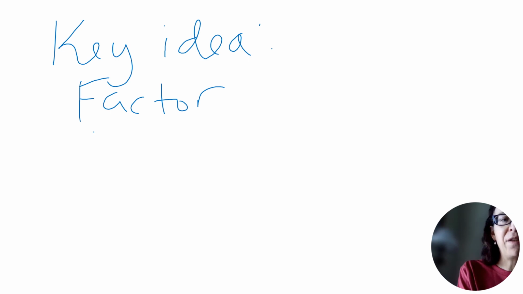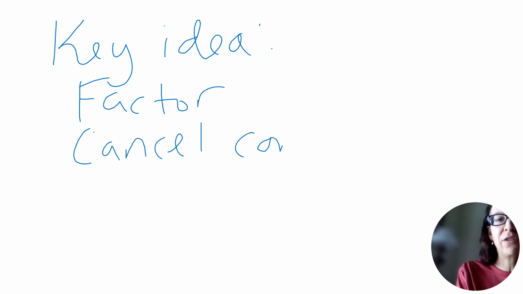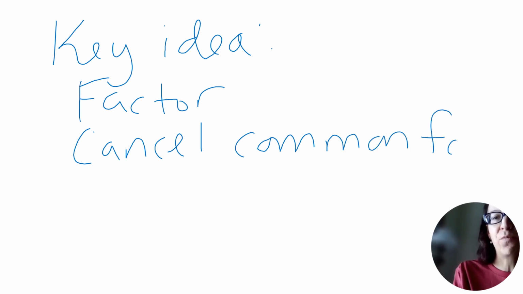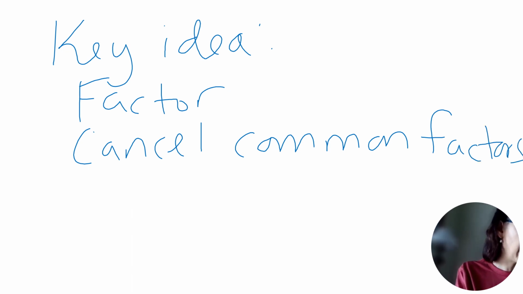We do want to focus our math knowledge on those key ideas. The key idea here is that we factor, then we can cancel out the common factors. Essentially, we're going to simplify first. So we'll factor, we'll cancel the common factors, and then we'll multiply.